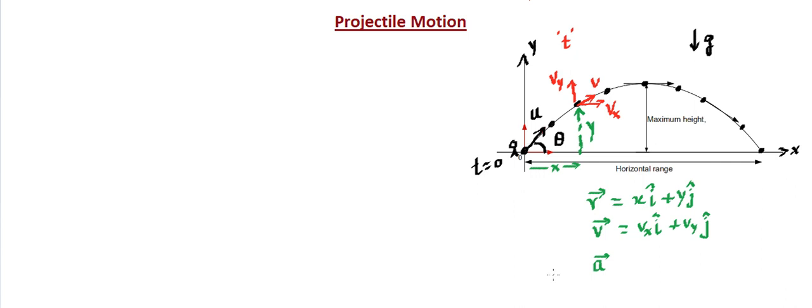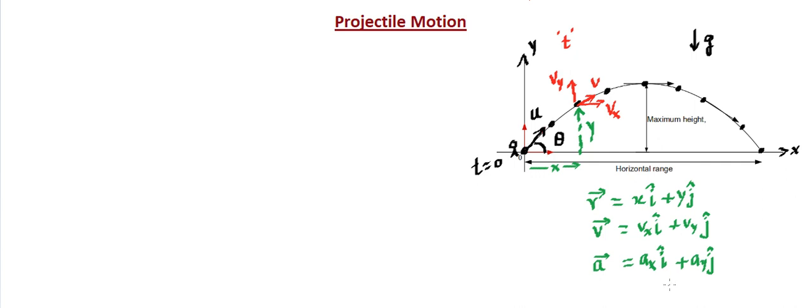So we can write it in one go as ax in the i cap direction plus ay in the j cap direction. If we know ax and ay, our acceleration will be known to us. And as I told you, using this information, we can write ax and ay.